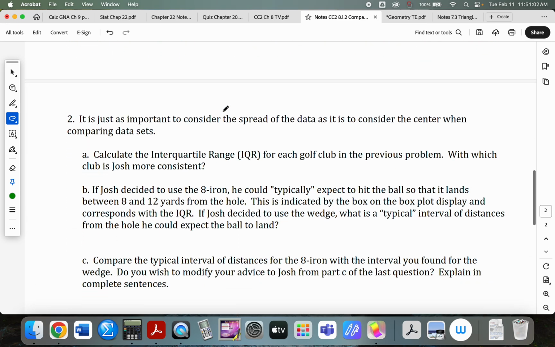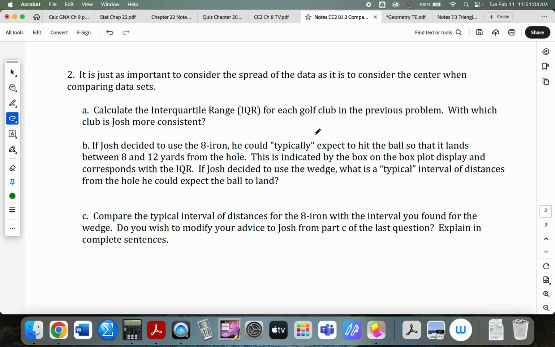Everybody find quartile 1 and quartile 3 for both of these. Check with somebody nearby you when you have found them. And if you disagree with one another, have a discussion about it.